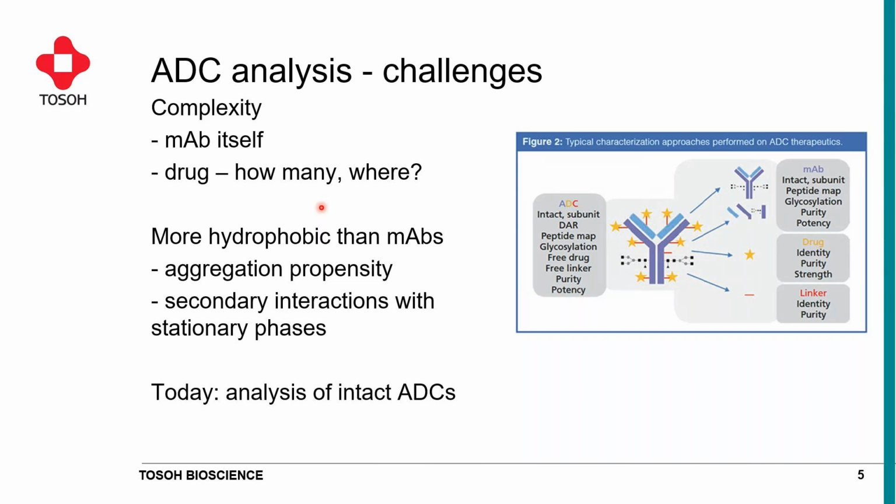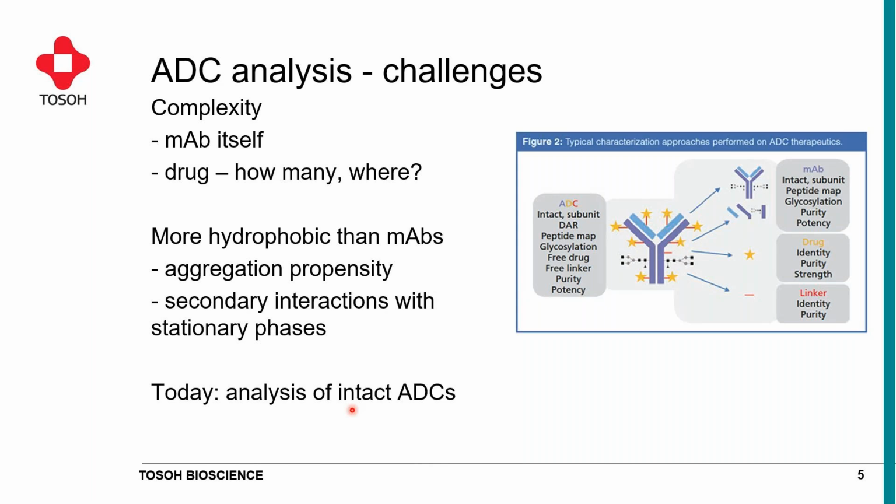And secondly, we may have more issues with hydrophobic interactions with stationary phases that we want to use in our HPLC or UHPLC analysis. So even though there are a lot of things that can be analyzed on an ADC, today, due to the time that we have, I will mainly focus on the analysis of intact antibody-drug conjugates and not go too much into detail into analyzing one molecule, so either mAb or drug separately.